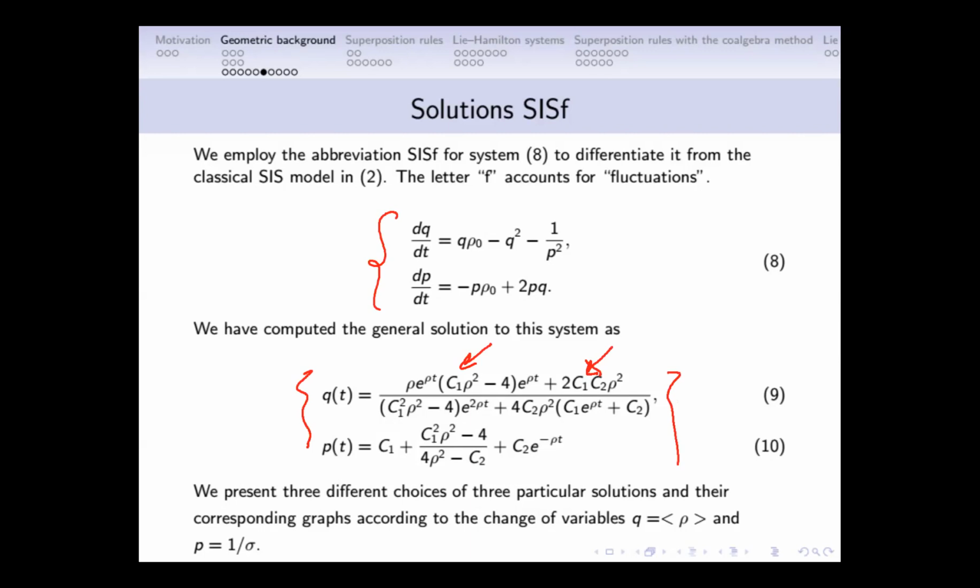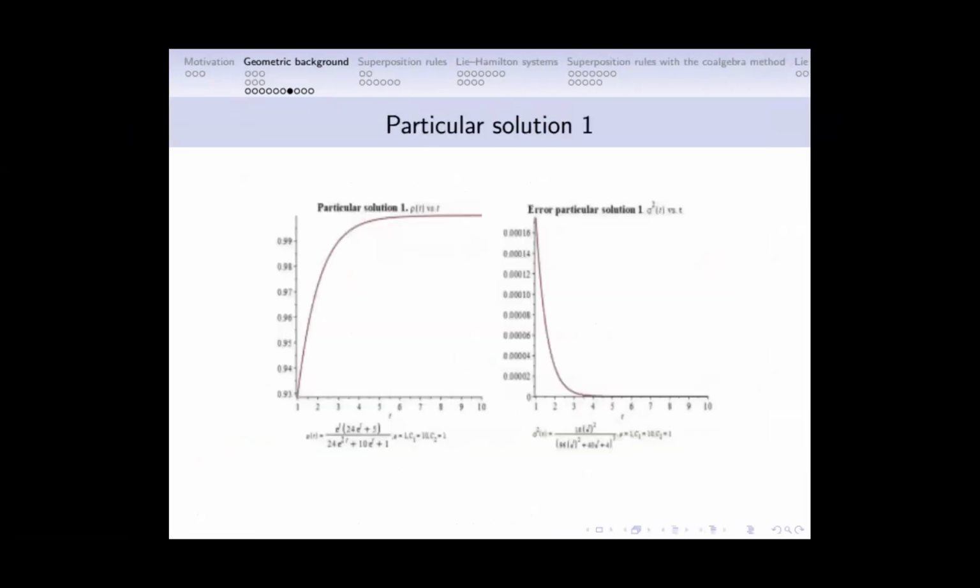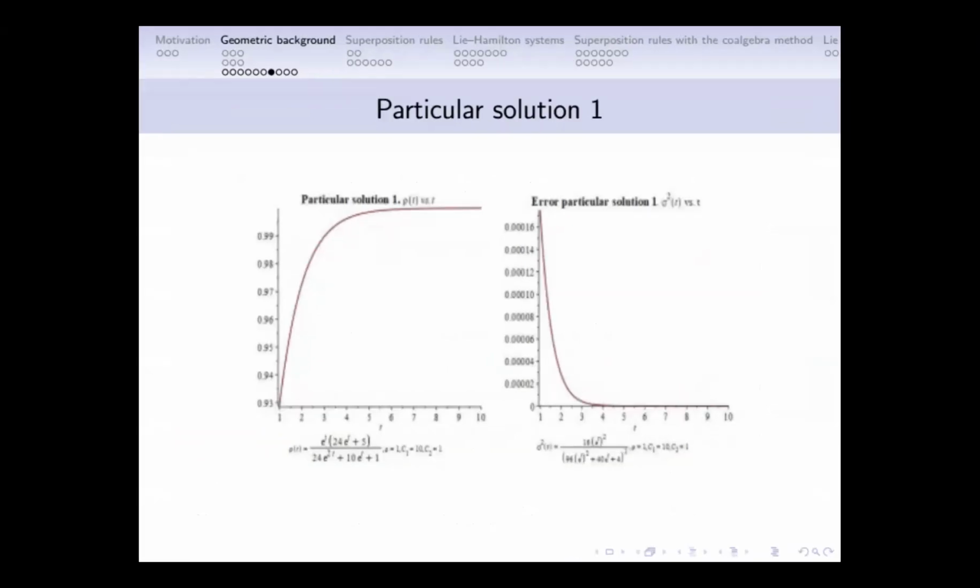And if I find Q and P, I can just invert and square and get the variance and get the number of infected individuals from these results. So I wanted to find three particular solutions because I may need them for the Lie systems theory. So before starting with the Lie systems, I tried to find three particular solutions.